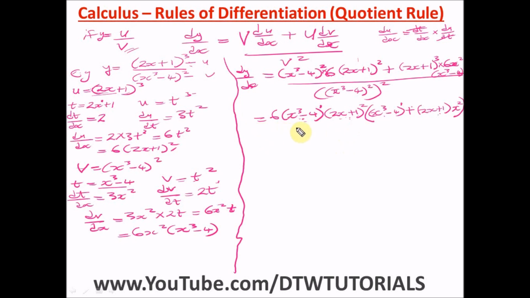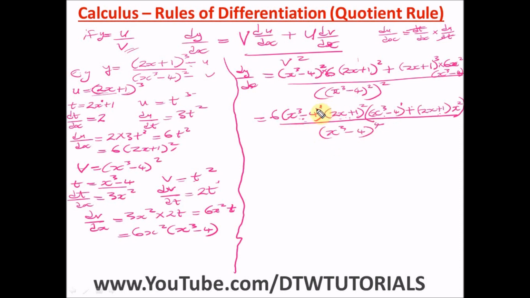So we have here, divided by what? This times this, 2 times 2, will give us 4. So divided by (x^3 - 4) all raised to power 4. From here you can see that we can cancel out this, since it is outside the bracket, so we cancel one of them and it is raised to power 1.